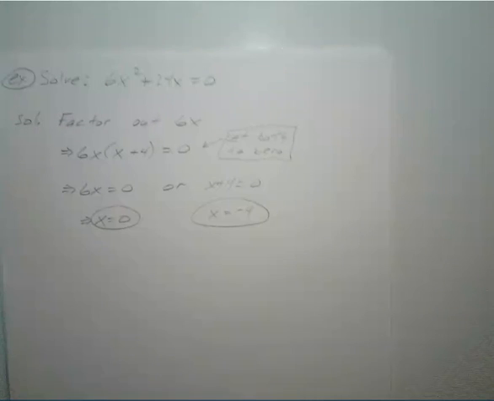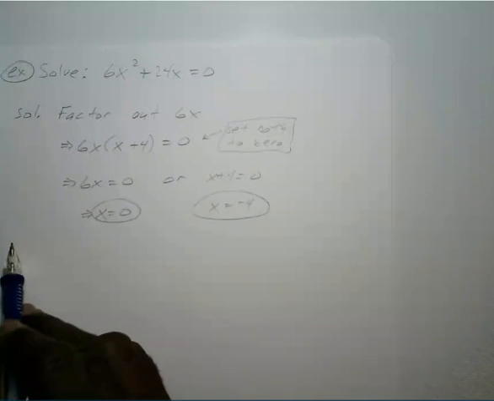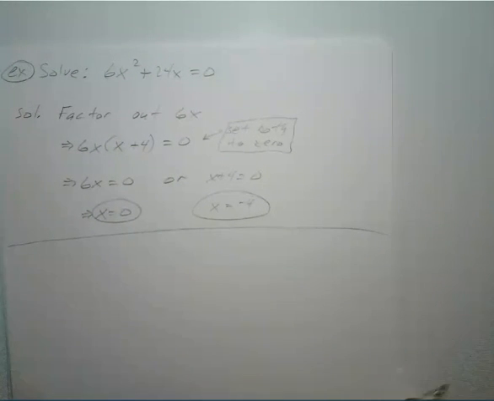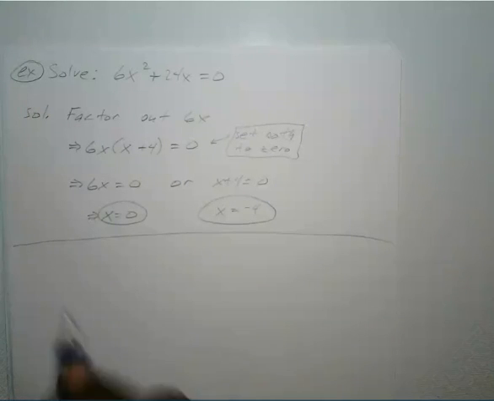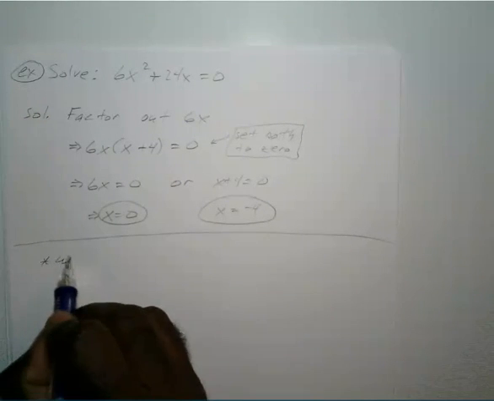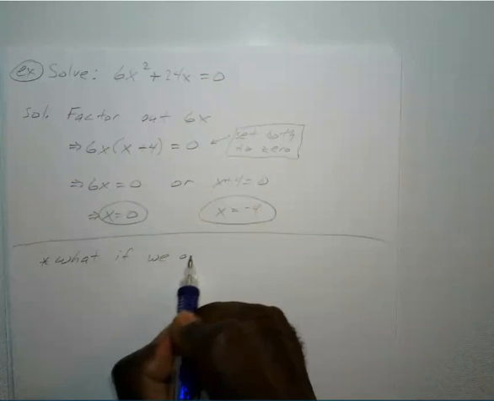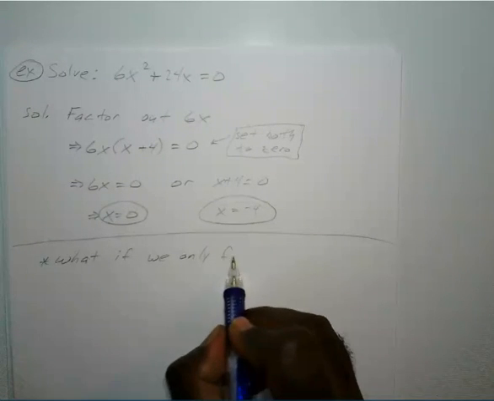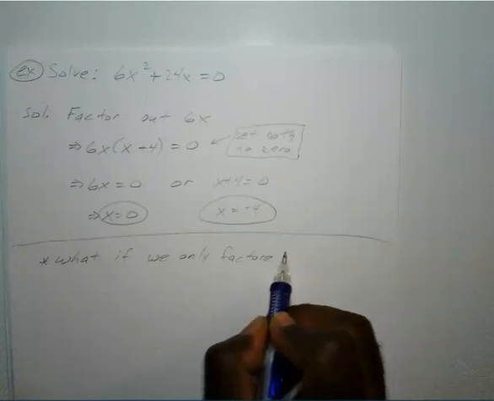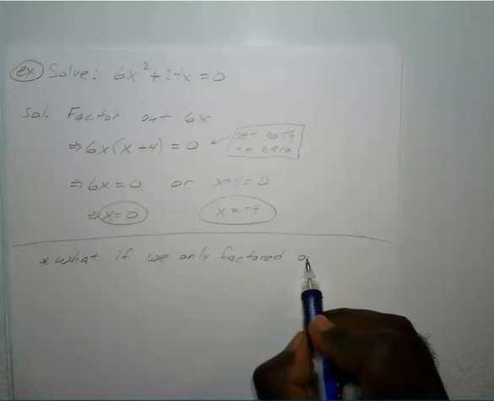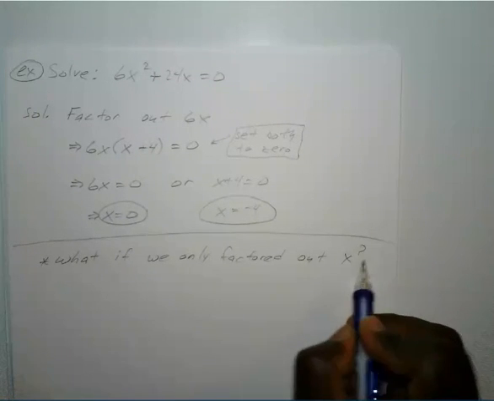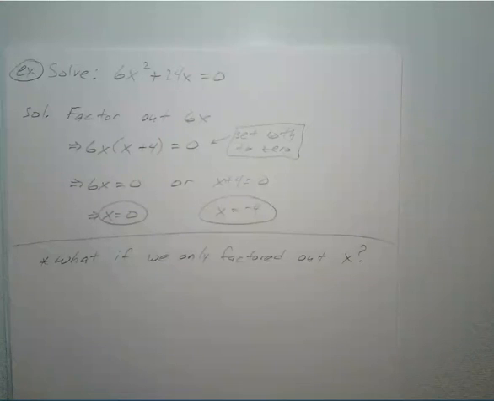All right. Now, let's say instead of factoring out the 6x, what if we only factored out x? Let's say you forgot to factor out the 6.